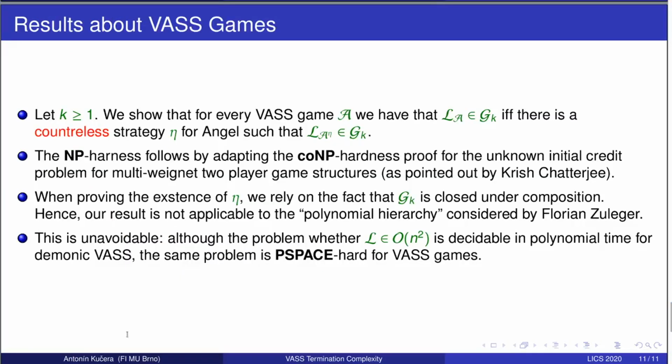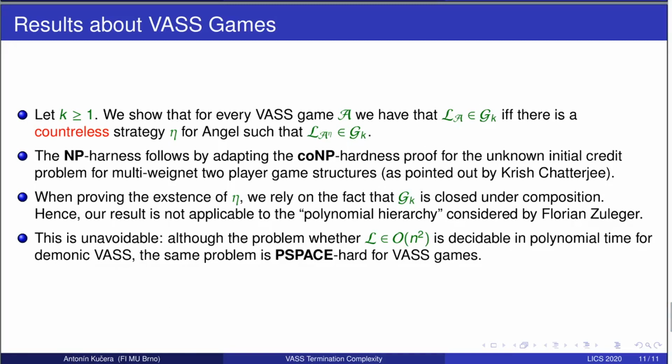Now, let me tell you also something about the results about VASS games. Here we have that for every fixed k at least 1, the problem whether the termination complexity of a given VASS game A belongs to the class G_k is NP-complete.